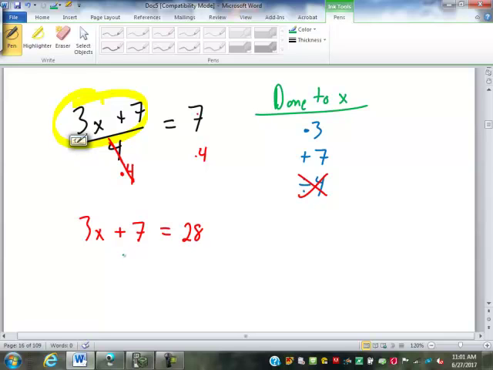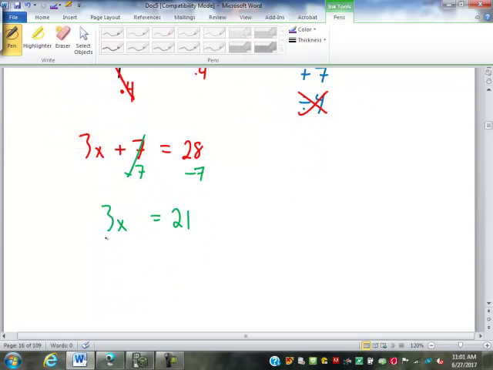What do we do next? Subtract the 7. That removes the 7, leaving us with just 3x. 28 minus 7 is 21. And then we divide by 3. Removes the 3, leaving us with x. 21 divided by 3 is 7. So x equals 7.